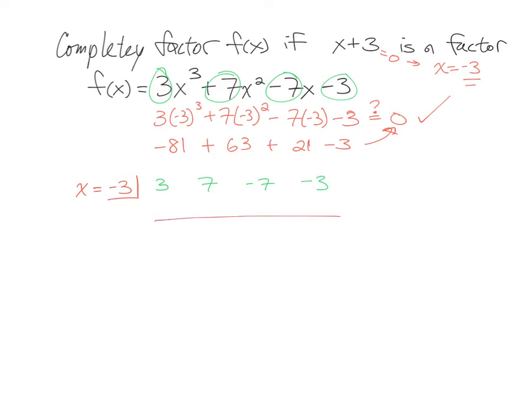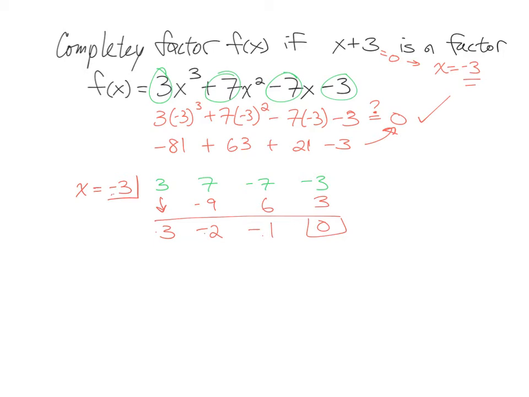And then go through and see what polynomial we're left with. 3. -3 times 3 is -9. Add those together. -3 times -2 is +6. Add those together is -1. -3 times -1 is +3. That's 0. Fantastic. All right.